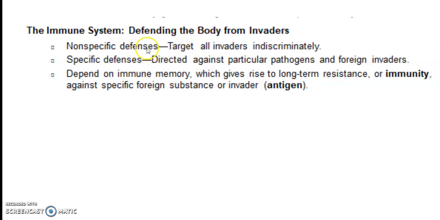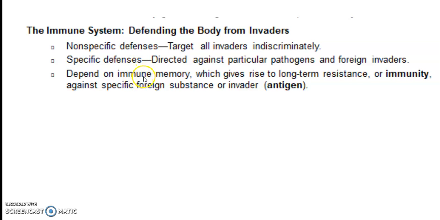And then if things get past these, we have specific defenses, and that would be directed against that particular pathogen only. So in the case of coronavirus, you're going to mount a response that specifically targets that virus and no other ones. So this takes a little bit longer to sort of get going. So that's why sometimes there's a lag, and it takes us a little bit to fight these things off.